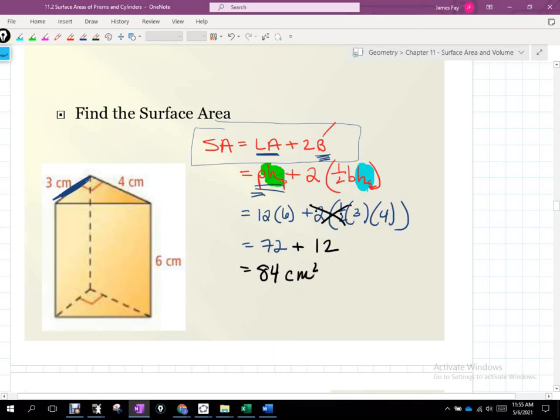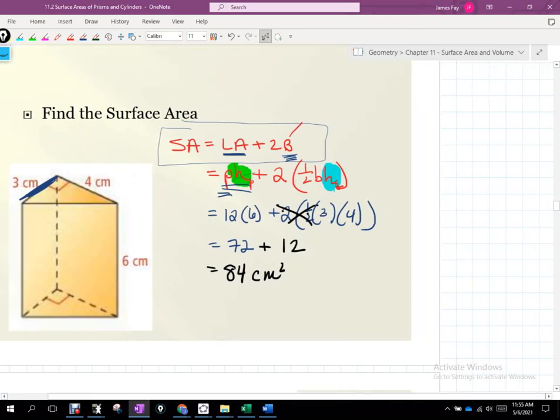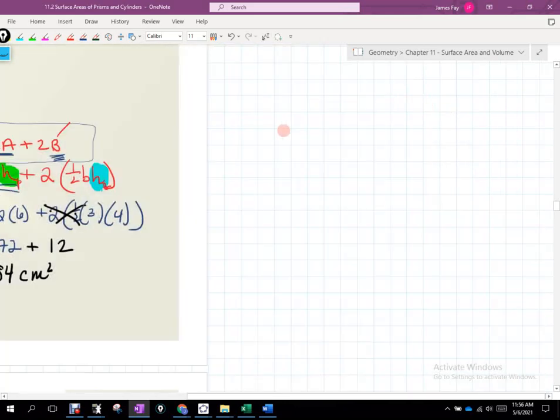84 square centimeters, right? What if I asked you to convert that into square millimeters? Anybody remember how to do that? Okay, so let's think about this. I think we talked about King Henry died by drinking chocolate milk, correct? And that's your base, right?